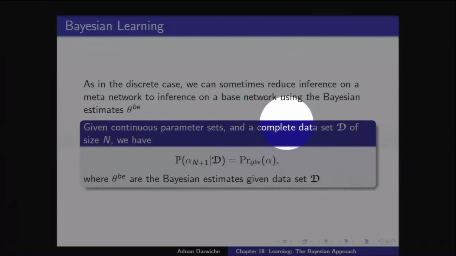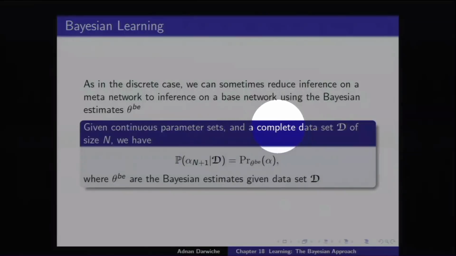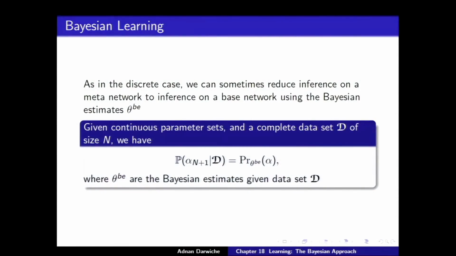Everything stays the same, but this is under complete data. You have to realize some of the equations we looked at apply more generally, but in this particular case, the fact that the Bayesian estimates, which are point estimates, will allow you to have the same effect as averaging happens when the data set is complete. So pretty much everything is the same.